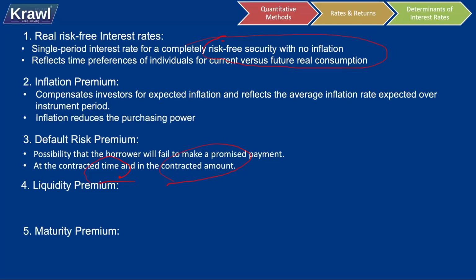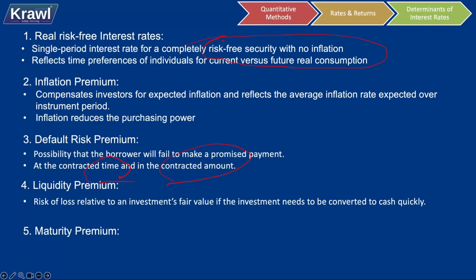The next is the liquidity premium. Now, when you speak of liquidity premium, it's the risk of loss relative to an investment's fair value. The investment needs to be converted to cash quickly. Now, despite the supplier, who is the lender in this case, of capital, who has parted away with his capital and pushed away consumption into the future, realizing his or her own need of liquidity during the period in which it was lent out.